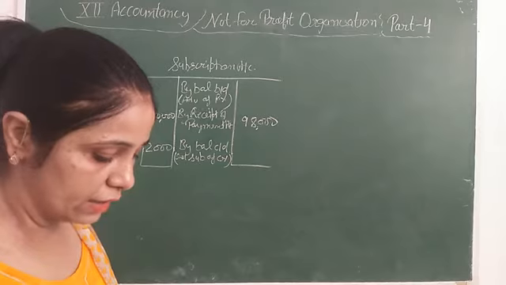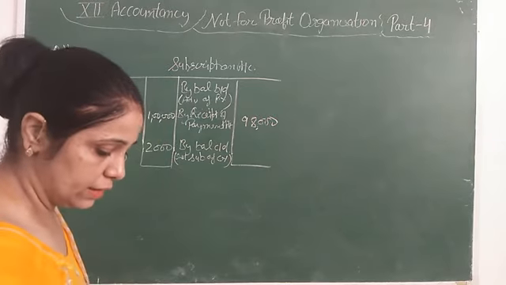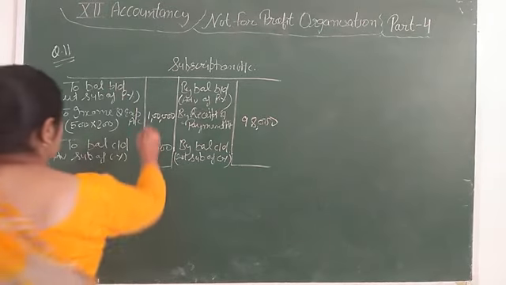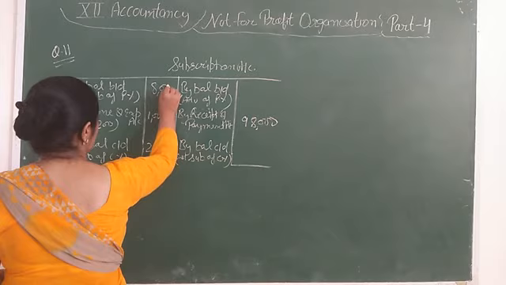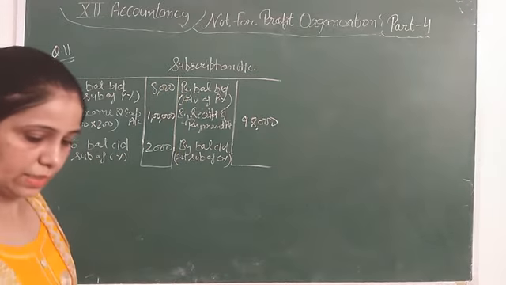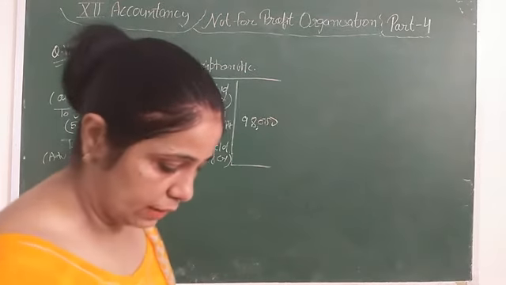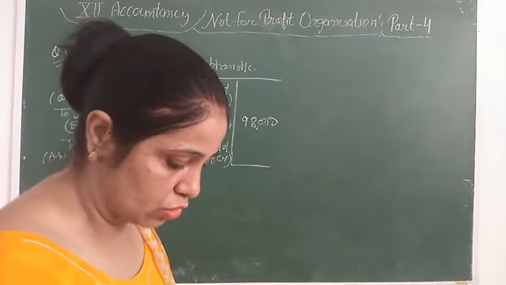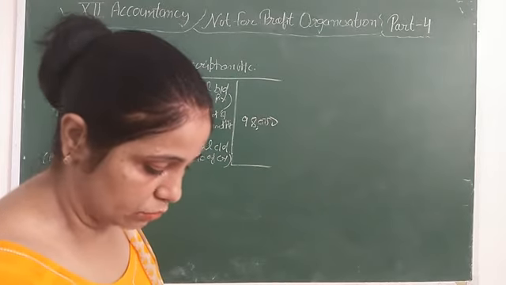Subscription outstanding on 2015. In the previous year, outstanding subscription is 8,000. That is given to you. Calculate the amount of subscription to be shown in the income and expenditure account.